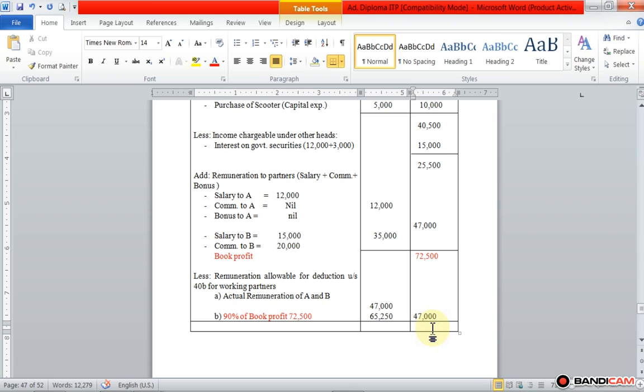So 72,500 minus 47,000, that is 25,500. 25,500 is the total taxable income of the firm. Okay, so no change in the figures, only change in the format.